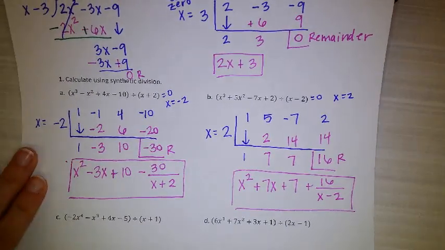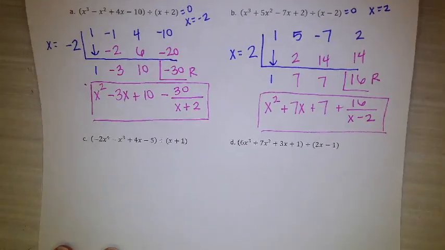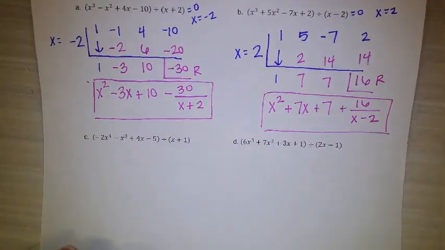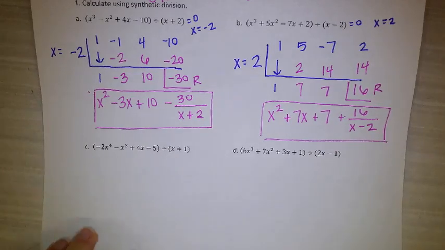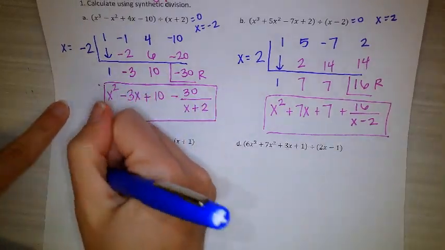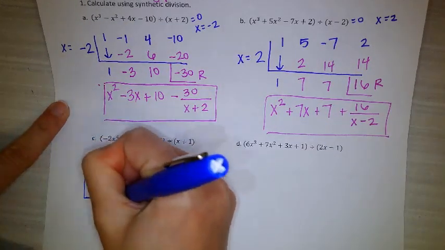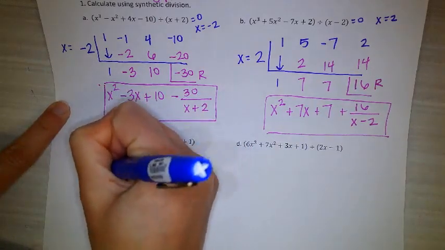Okay, the next couple have something unique about them. So of course, we've done a couple normal examples, now we've got to change it up a bit. Okay, so I can see this one has the 4th degree, quartic. And so I'm going to start with -2, then -1.